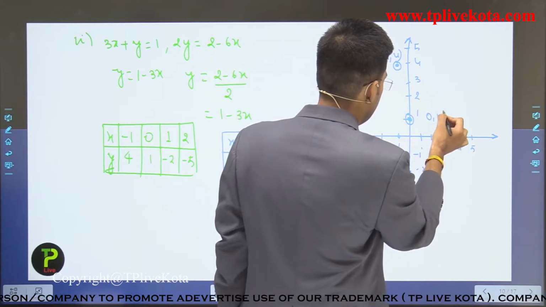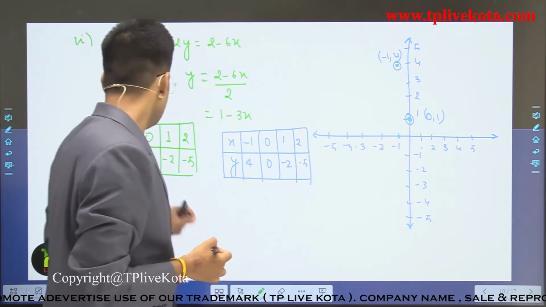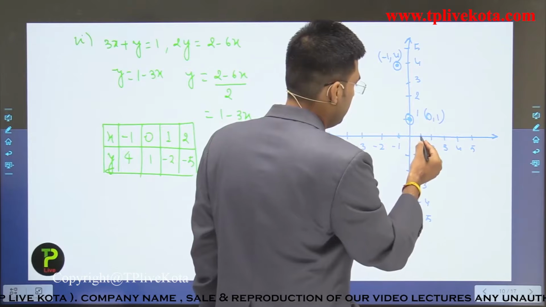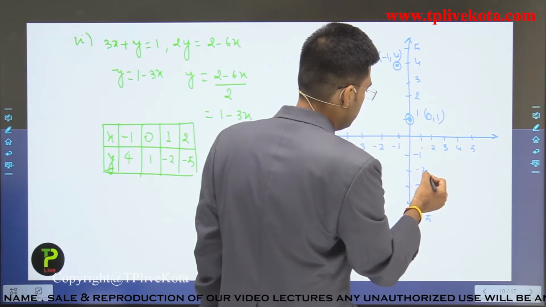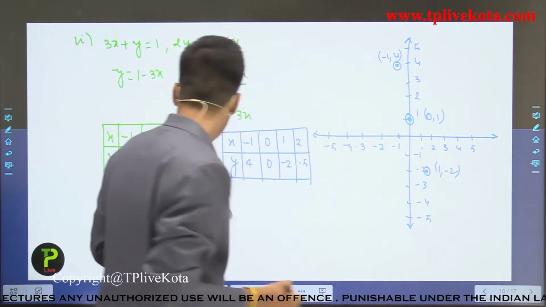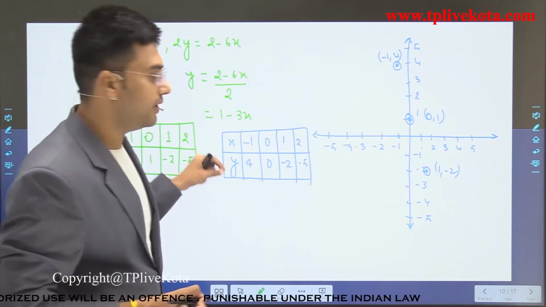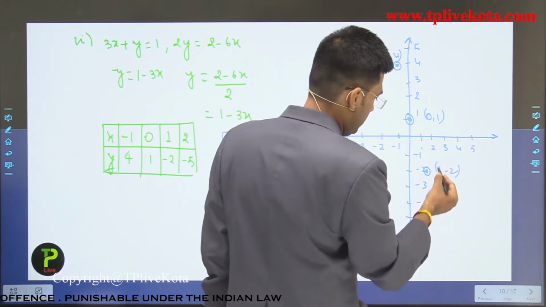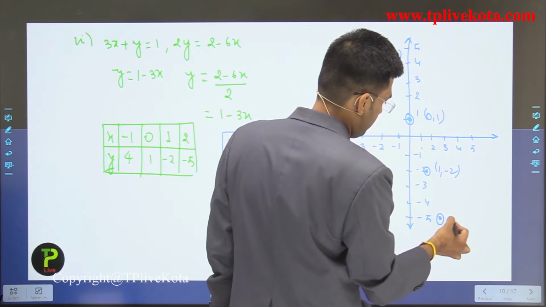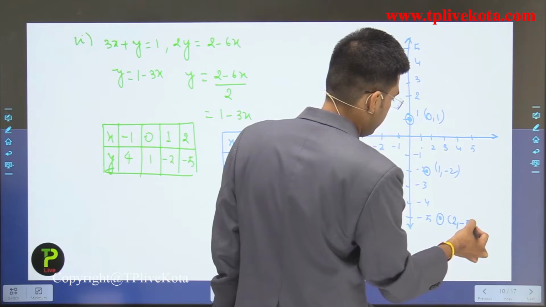Now next is 1 comma minus 2, this is 1 comma minus 2. Now the next is 2 comma minus 5, this is 2 comma minus 5.